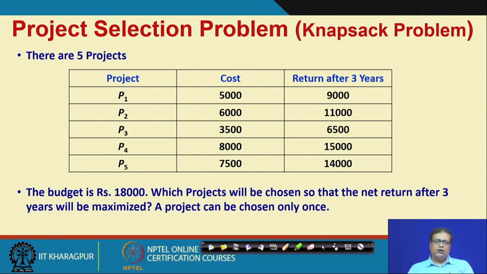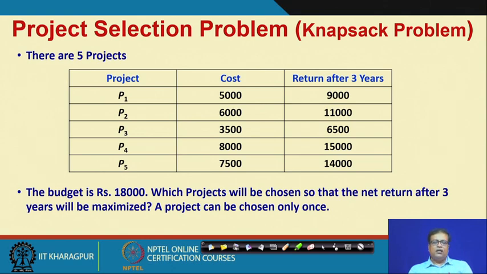So, what should be our decision variable for such a problem? We have discussed this in our previous lecture. By this time you know the decision variable has to be whether a given project is chosen or not.